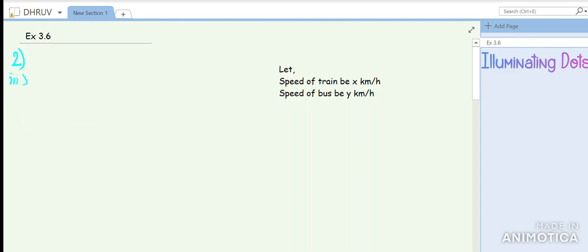What we do now is, the first part states she takes 4 hours if she travels 60 kilometers by train and the remaining by bus. So the distance upon speed formula says for train 60 kilometers, that is distance, upon the speed of train x, so 60 upon x plus the distance she covered by bus, the remaining is 300 minus 60, that is 240.